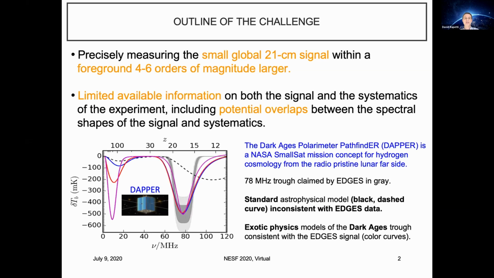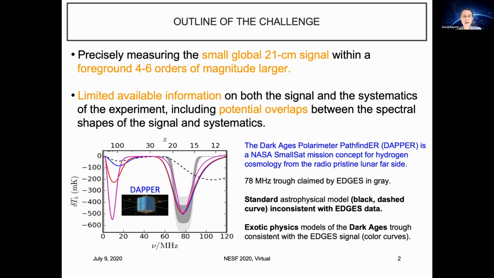The systematics, for example, which I'm going to be focusing on in this talk, would be the beam-weighted foreground. And this also includes the overlap between the signal and the systematics. For the signal, we have codes to describe the cosmological and astrophysical origins of this signal, but there's a variety of them.